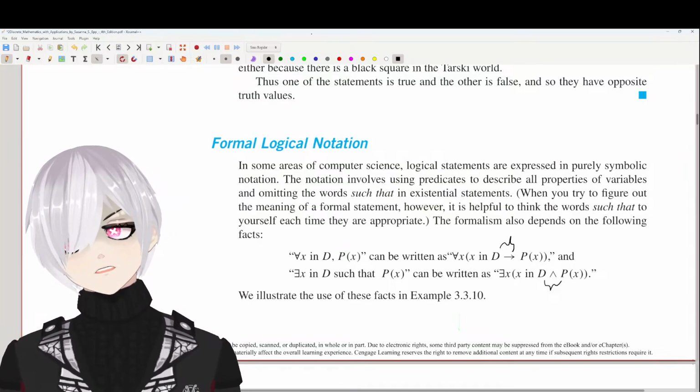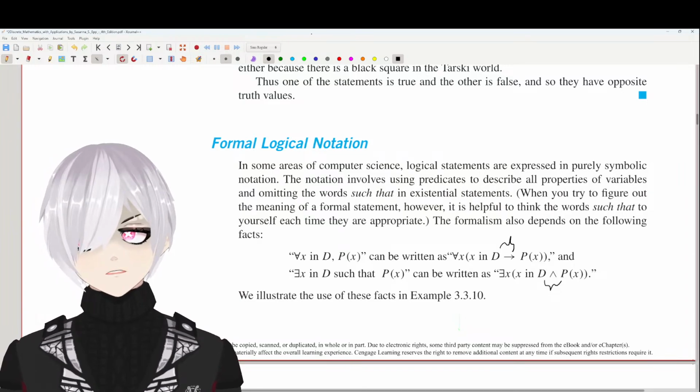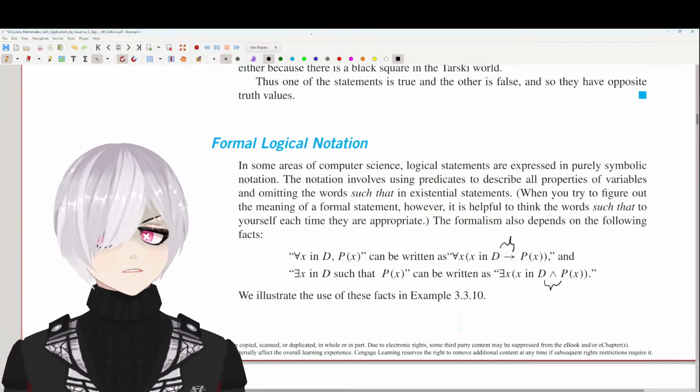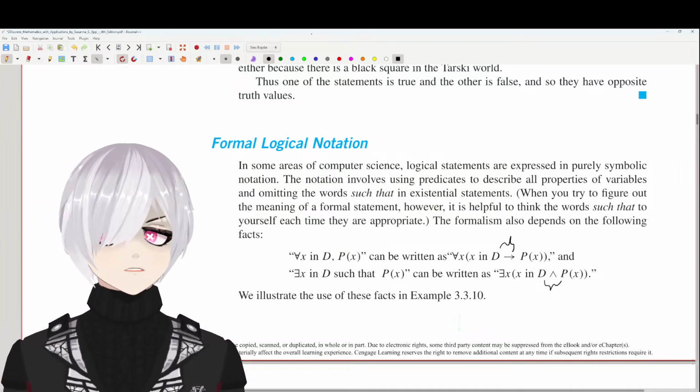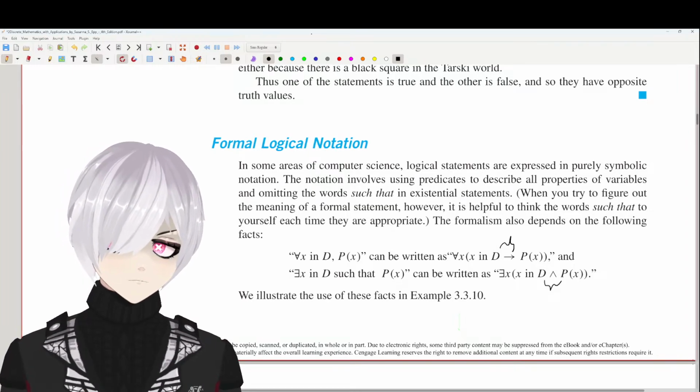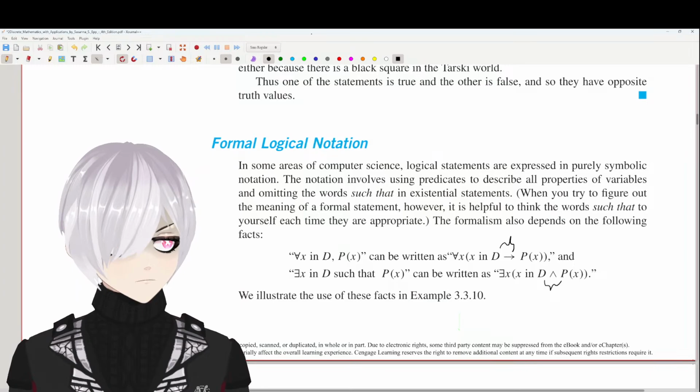Interesting. What wasn't explicitly made clear was why you'd have to use the conditional "if" when using the universal quantifier.